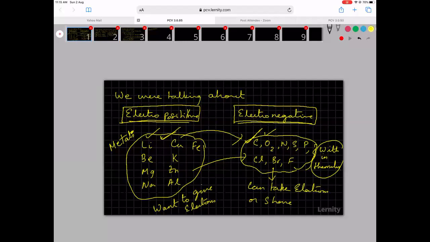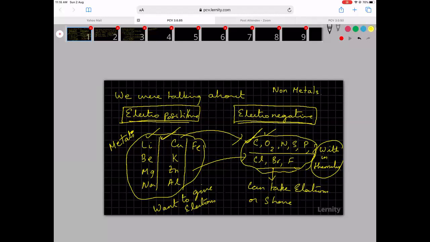Electropositive elements are also referred to as metals. Then these are some of the electronegative elements. Electronegative elements are also referred to as non-metals. So you have metals and you have non-metals.